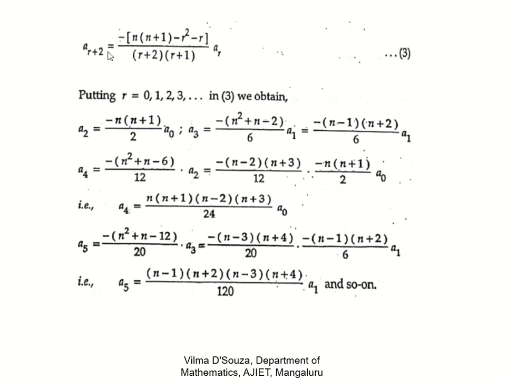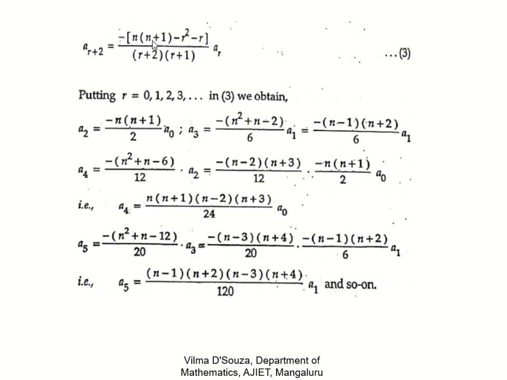Now putting, again I have written the same thing here. Putting r equal to 0, what do you get? r equal to 0, a2 is minus n into (n plus 1), this term will become 0, divided by 2 into a naught, right? r is 0. What is a3?